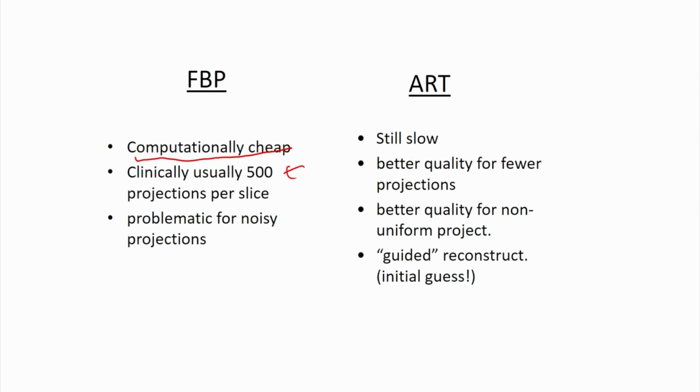So, you can take an initial guess, calculate the projection from that initial guess, and then from that projection again go back and modify your initial guess. So, a systematic approach is there towards solving the problem.